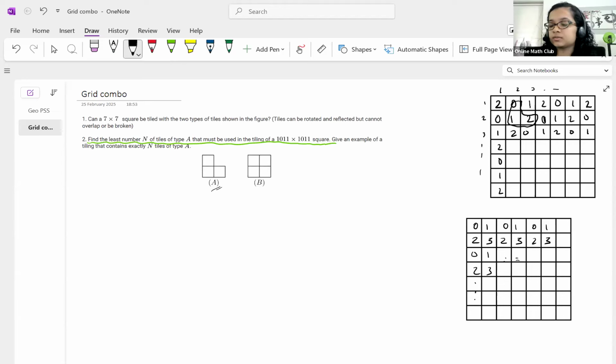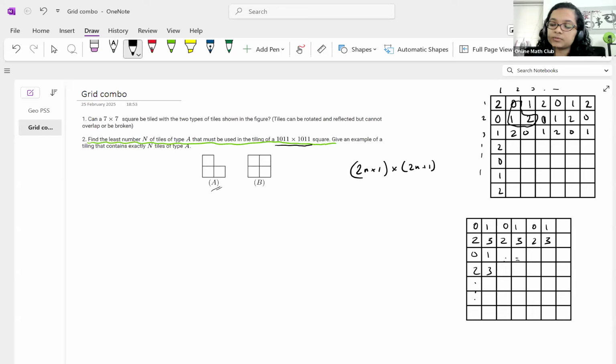So what he's doing is he's basically dissecting the grid into 2 by 2 squares, and in each one he's coloring 0, 1, 2, 3 in this pattern. The logic behind this is if you have a B-type tile, it's always going to cover four different numbers, 0, 1, 2, 3. But the thing is you want 1011 by 1011, or in general an odd number, so it's 2n plus 1 by 2n plus 1.